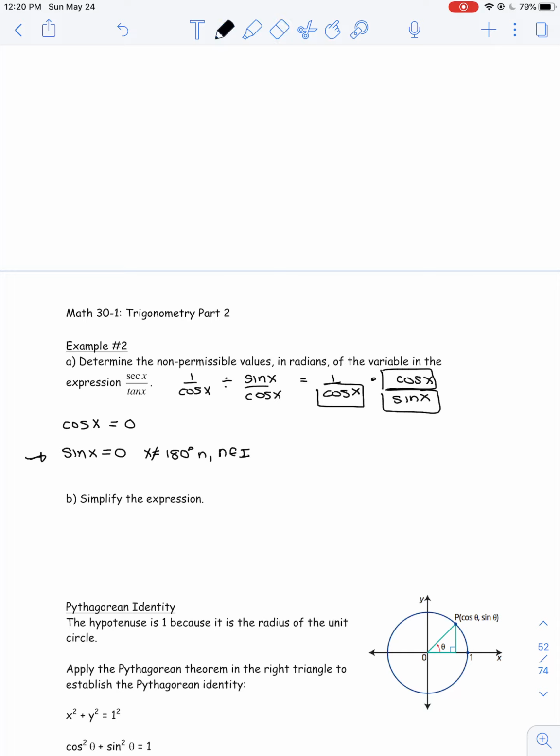If I want, I can cross this off and summarize that every 90 degrees, meaning x is not allowed to be pi over 2 n, n an integer. What this means is that every 90 degrees, there is a non-permissible value.